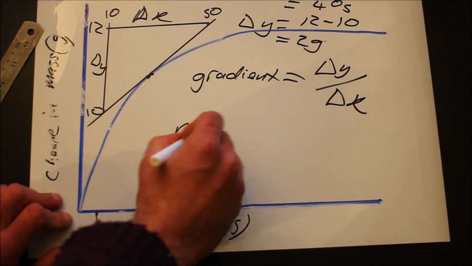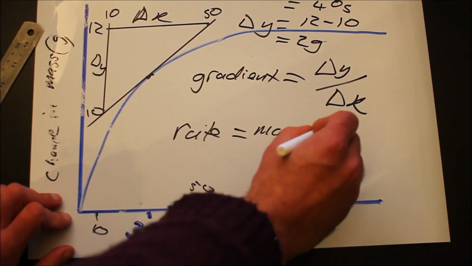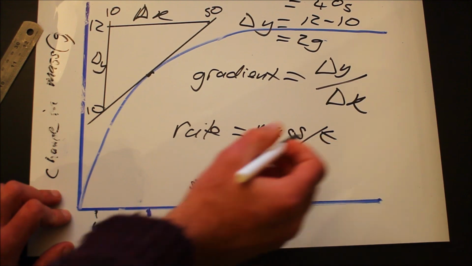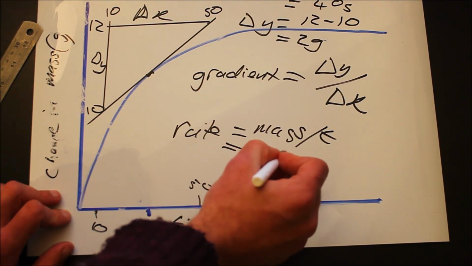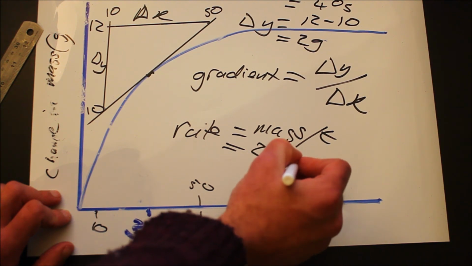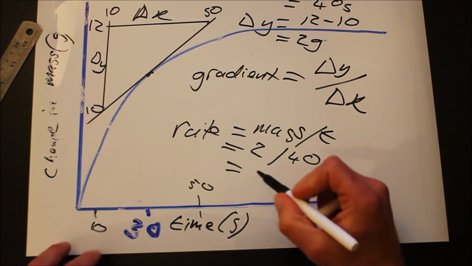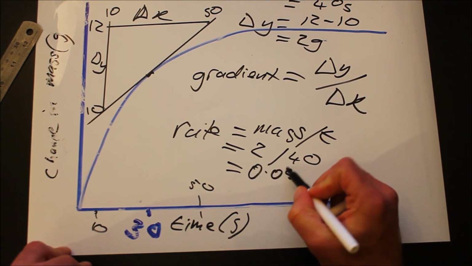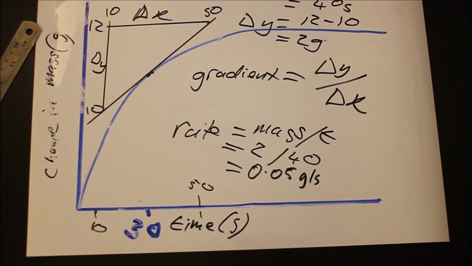So rate is equal to mass, or the change in mass, divided by the change in time. So in this case we've got 2 for our mass, divided by 40 for our time. And our answer is 0.05 grams per second at 30 seconds.